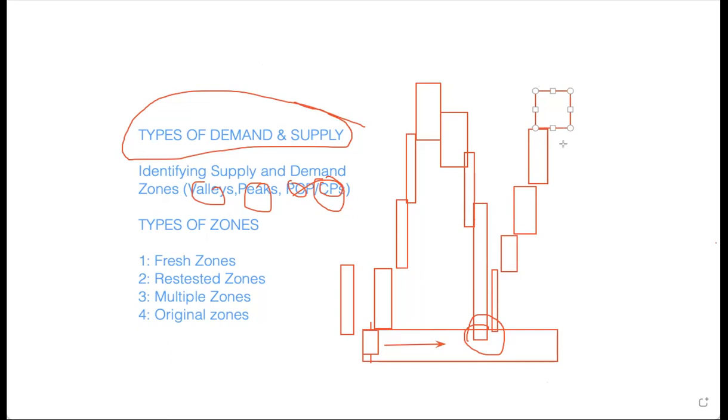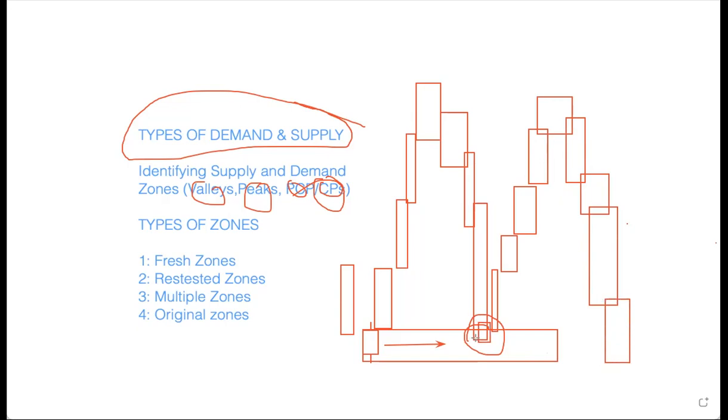And if it happens that price now goes down, let's say price goes down, okay? And somehow it will have made a position here. So if price goes down, there is now this area here, we call it a retested area, right?